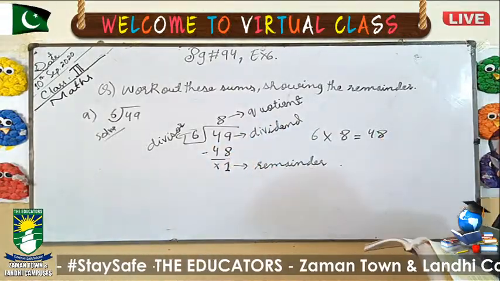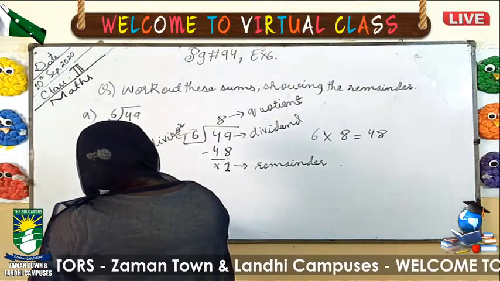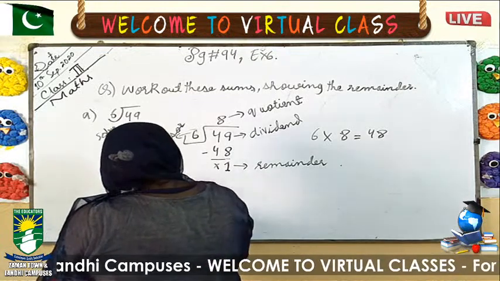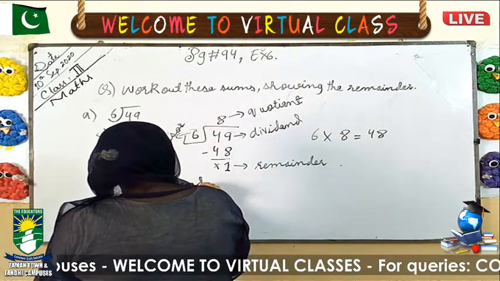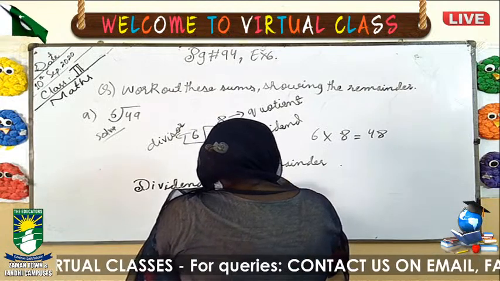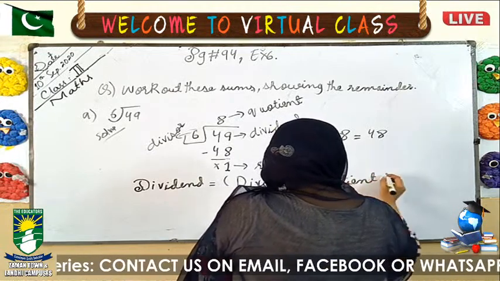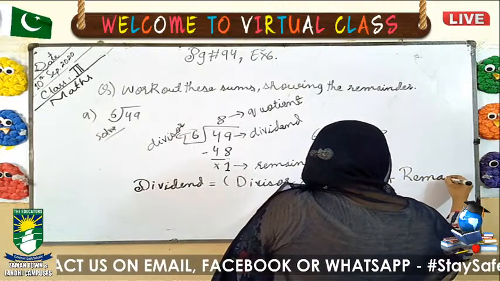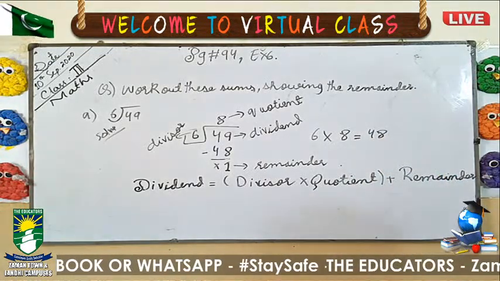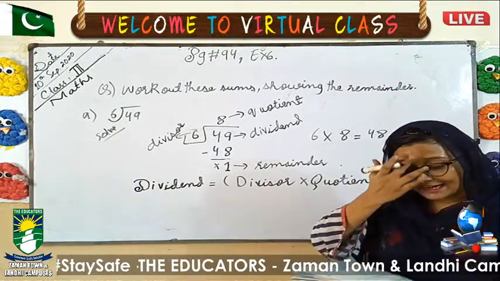Now as you have to know, if you remember this: dividend equals divisor multiplied by quotient plus remainder. Now if we are not sure whether the answer to a division sum is correct, we can multiply to check.